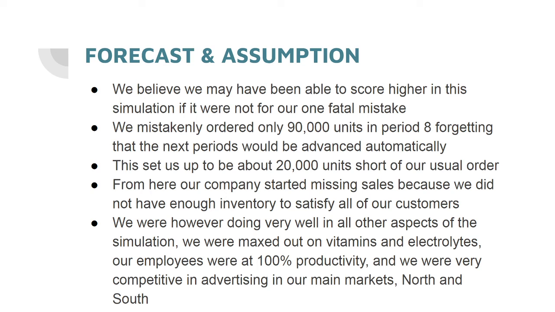All right, from here, we believe we could have scored higher in the simulation if it wasn't for our one mistake. I mistakenly ordered 90,000 units in, I think, period 8, because I wanted to get rid of our excess inventory.